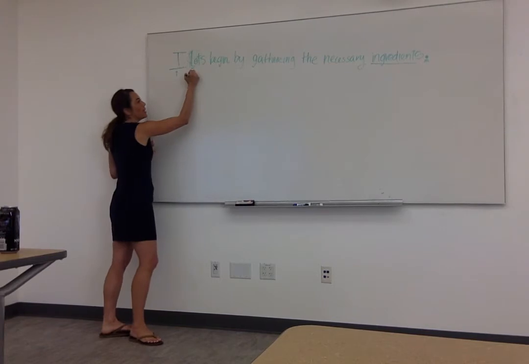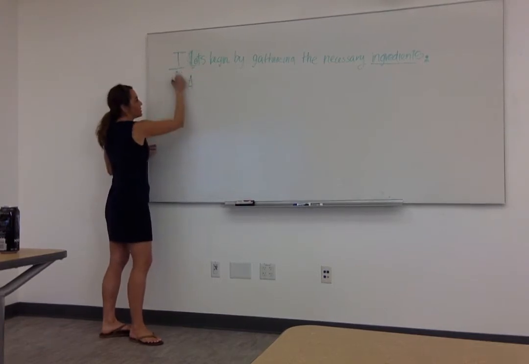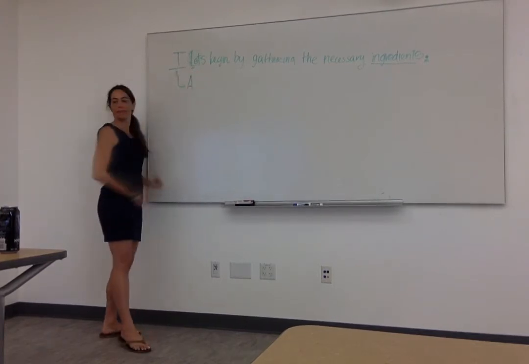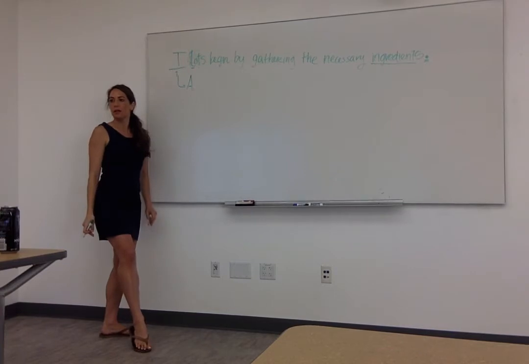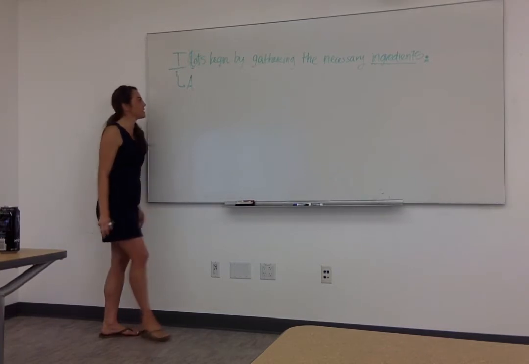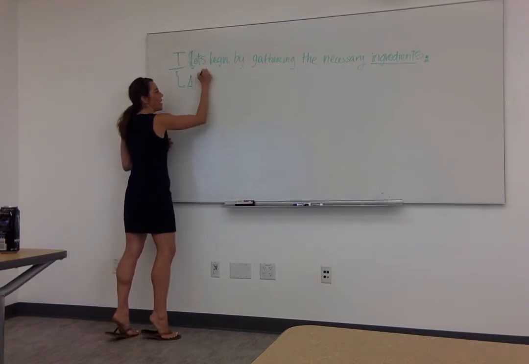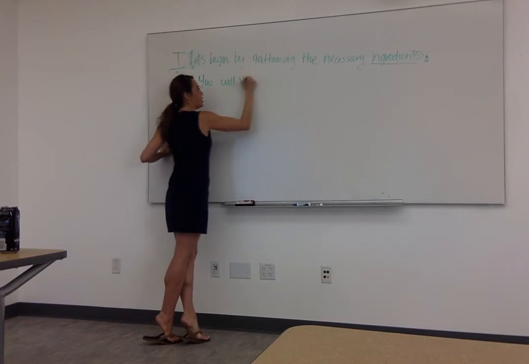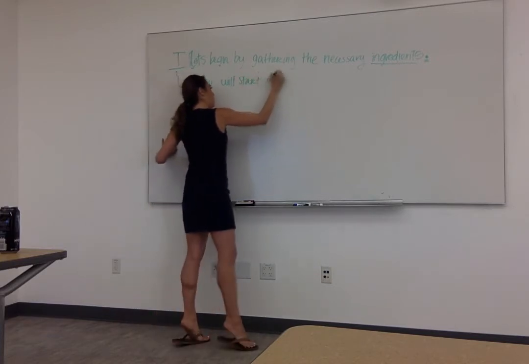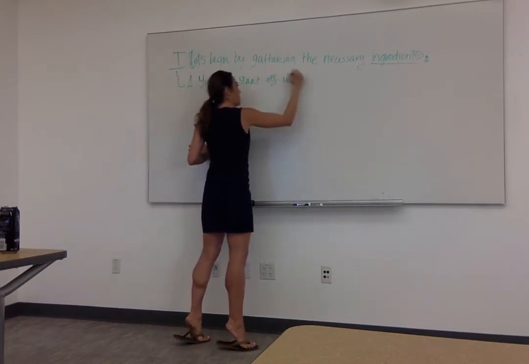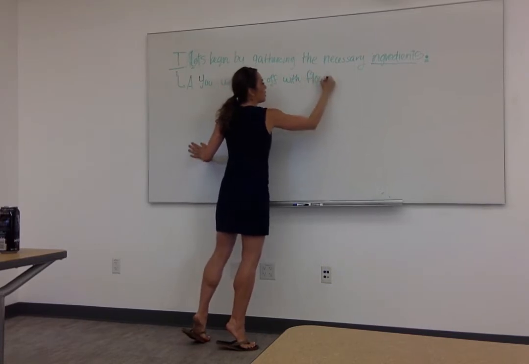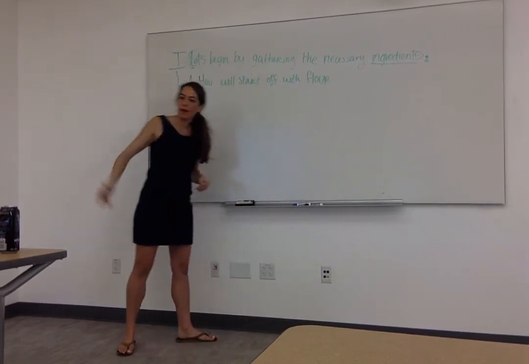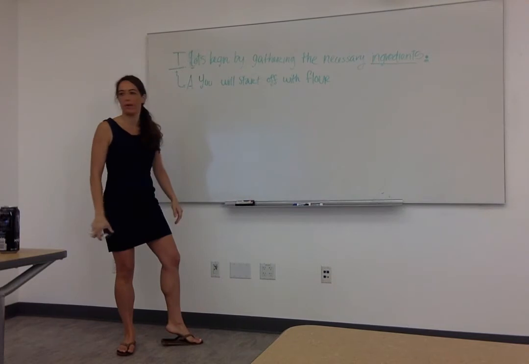So we will put an A here, we'll double space, we'll indent, and we'll say flour, in a complete sentence. So we would say something like, you will start off with flour. You can put like 2/3 cups or whatever, but we'll start off with flour.